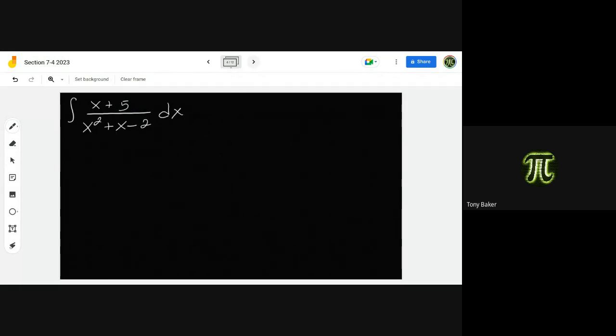Which is that. So that is the same thing as saying 2 over x minus 1 minus 1 over x plus 2. So those are the exact same thing. The question is how do I go from here to here?